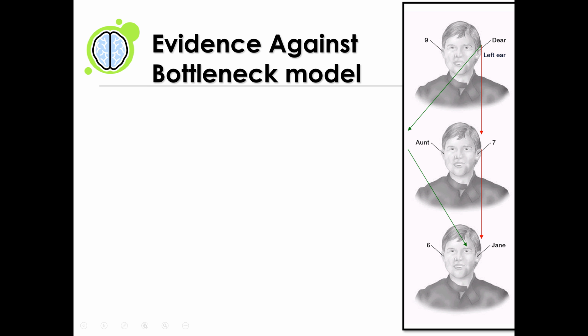Now that's kind of interesting. Dear Aunt Jane. Now, the 976 is in the unattended ear to begin with, but then it bounces over to the attended ear. So what does a person hear and shadow when they're actually getting a task like this?